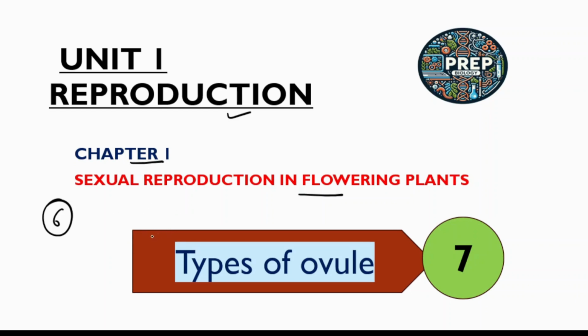This is class 7th of this series. In this lecture, we will talk about the types of ovules. In the previous lecture, we have covered the structure of ovule and each part of the ovule with their function. Let's start with the lecture.